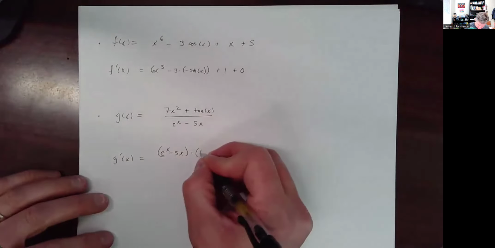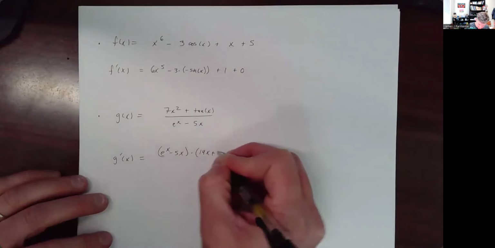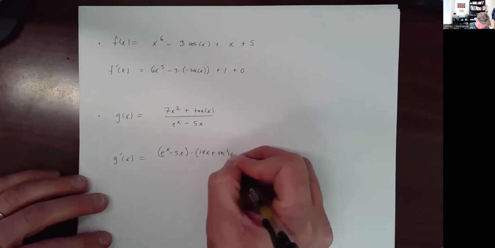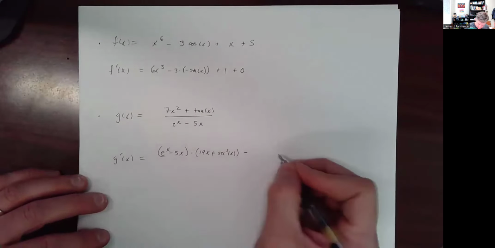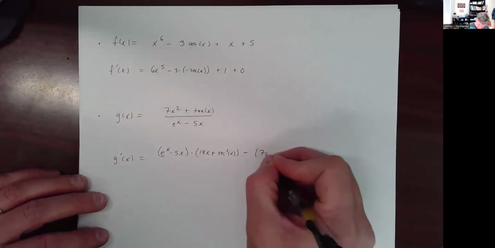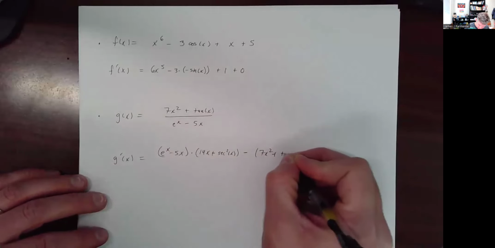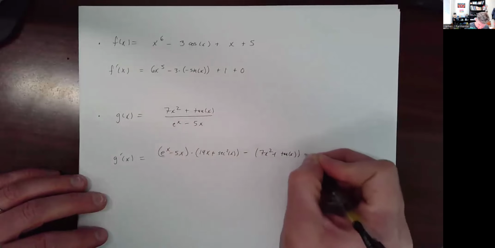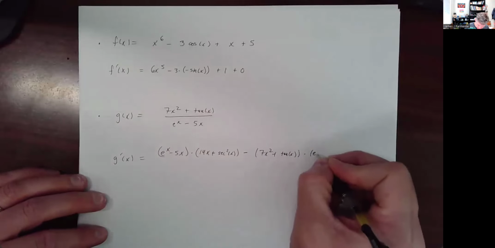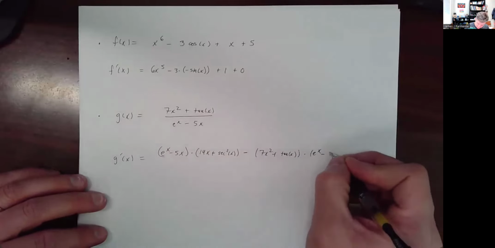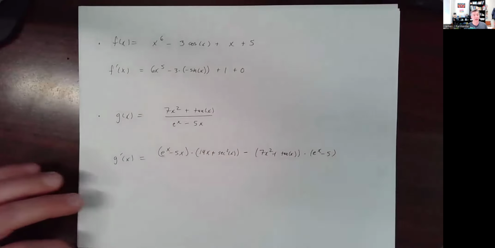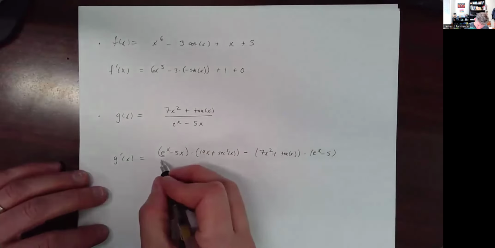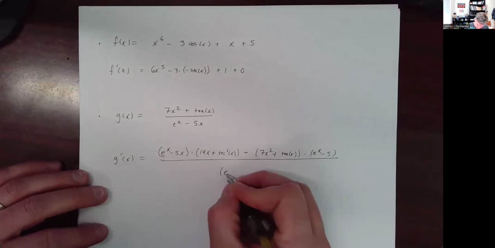Derivative of 7x squared is 14x. The derivative of tangent is secant squared of x. Minus the top times the derivative of the bottom. The derivative of e to the x is e to the x. Sorry, the derivative of 5x is 5. All divided by the denominator squared.